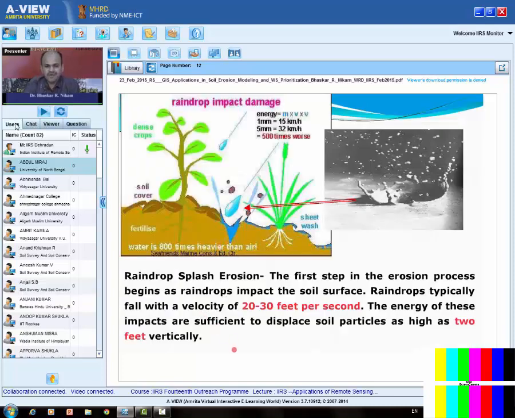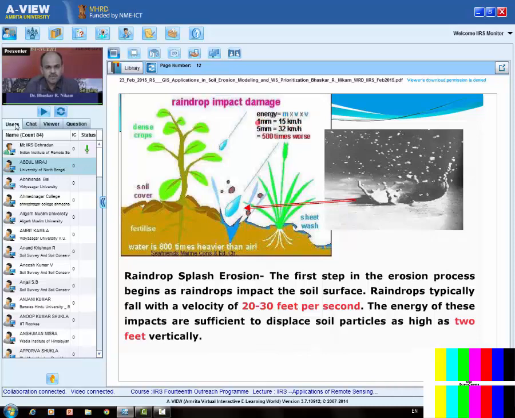Now, a raindrop with a typical velocity of 20 to 30 feet per second will have a sufficient amount of energy to displace a soil particle 2 feet above its original location vertically. If you talk about any other angle, obviously it will travel more distance. A typical particle of 1 mm will travel with a 15 km per hour velocity.